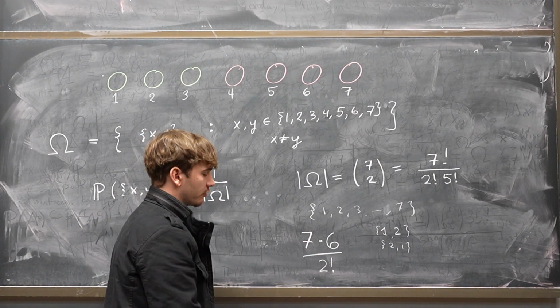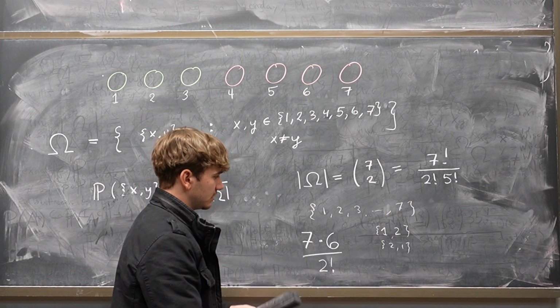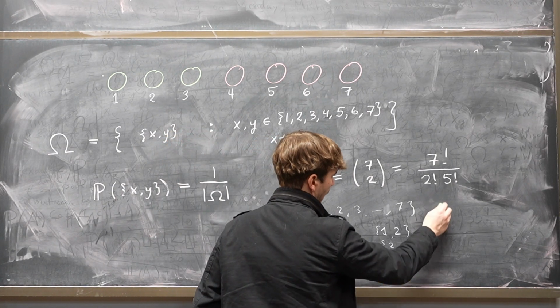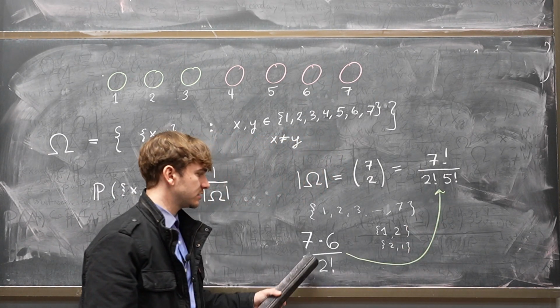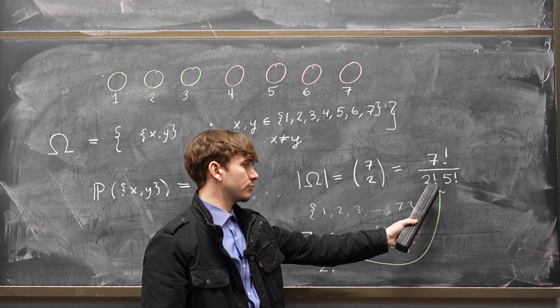And when I remove the ordering, then I get exactly this expression. So notice that this expression is precisely equal to 7 factorial over 2 factorial times 5 factorial.